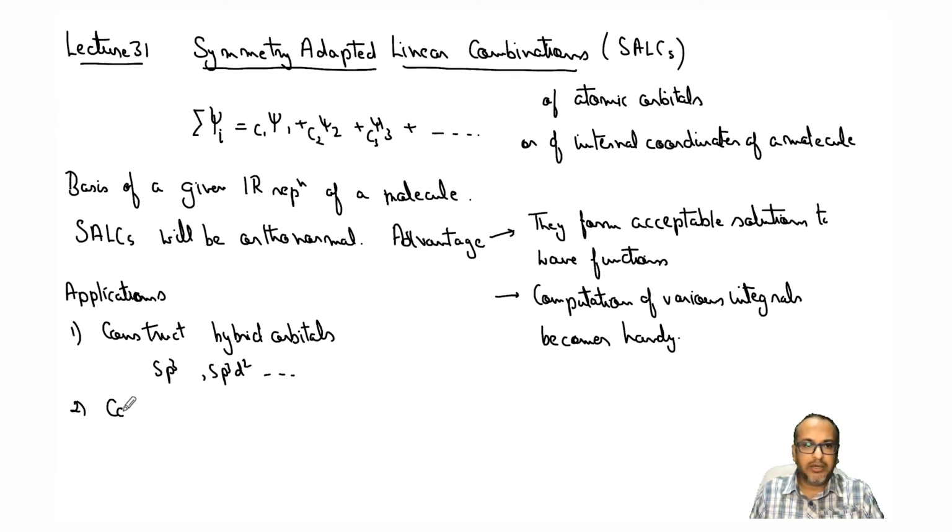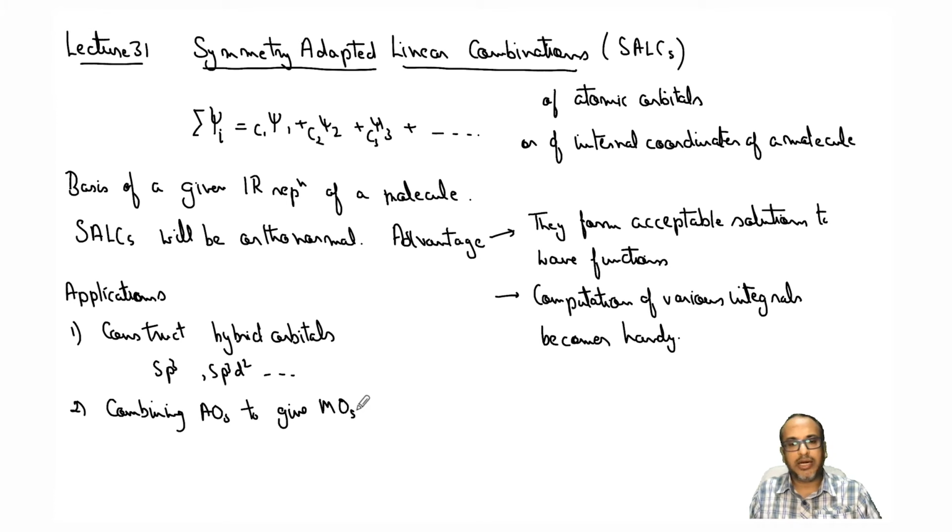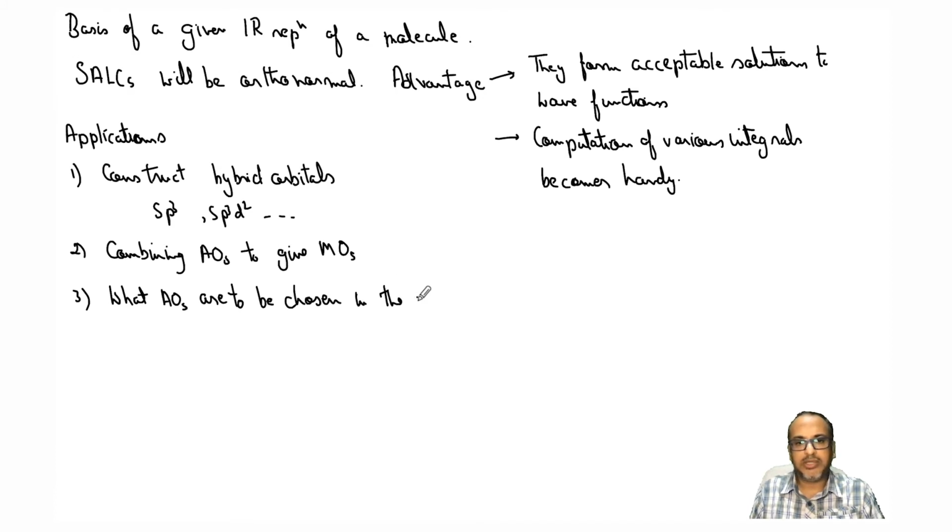When we are combining atomic orbitals to give molecular orbitals, right? In that case also SALCs will become very handy. And we will also see that SALCs will help us find out which atomic orbitals are to be chosen in the presence of a ligand.